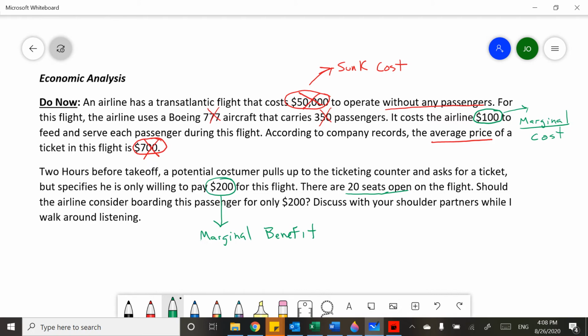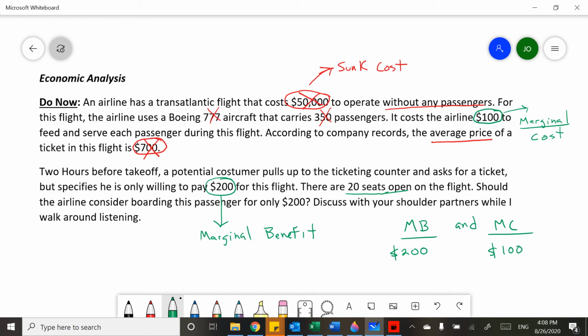So now we have the two items that we circled in green, which are my marginal benefit and my marginal cost, and I can compare them. I have a marginal benefit of $200 and a marginal cost of $100.